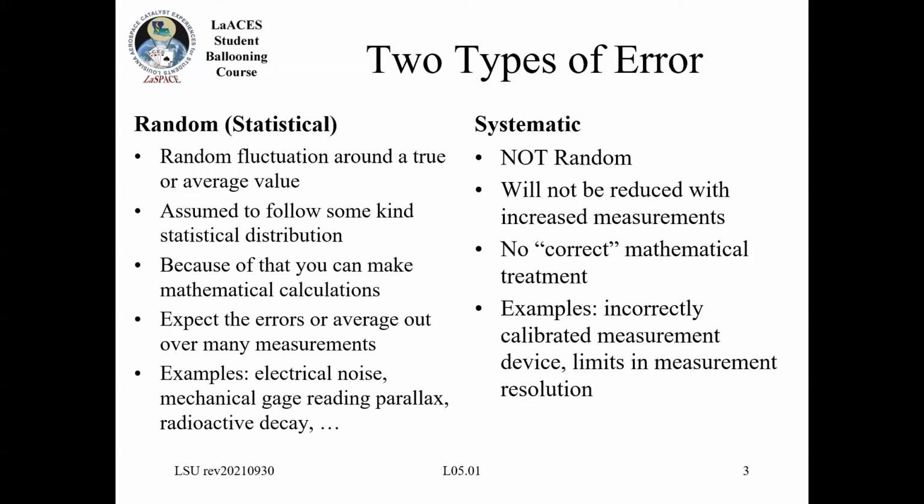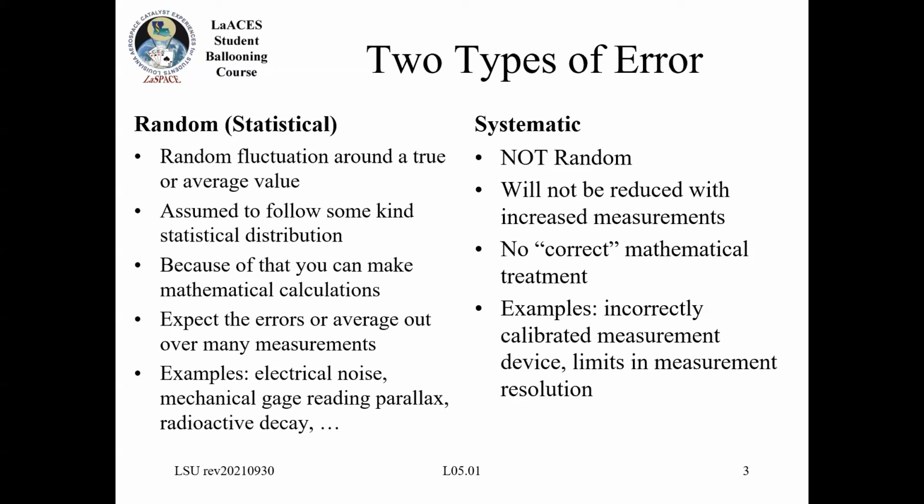It's a random fluctuation around a true value or a mean value, depending on how you want to think about it. And this is assumed to follow some sort of statistical distribution, right?